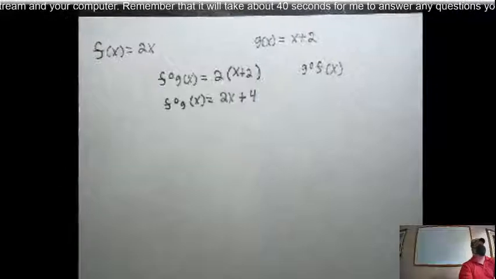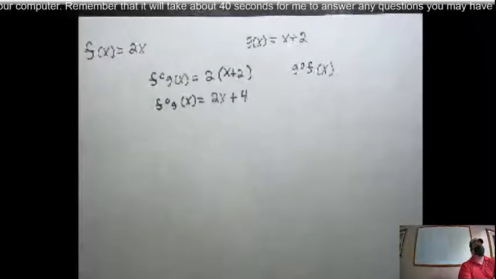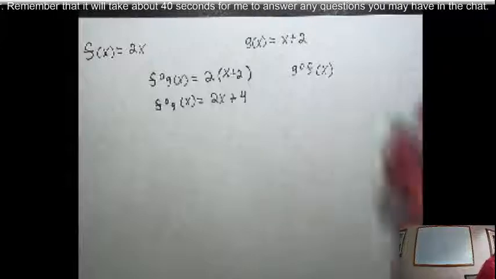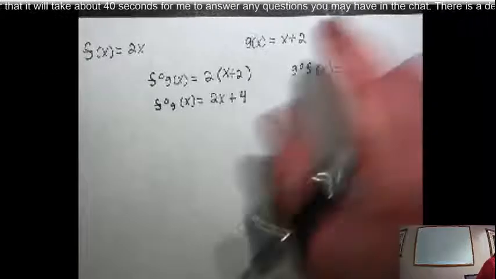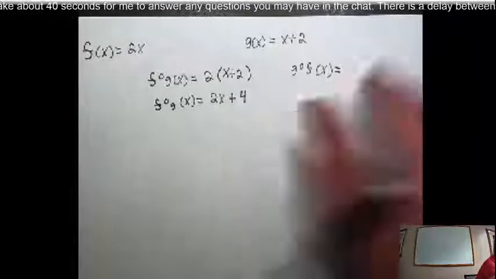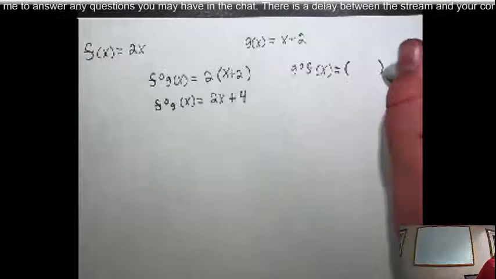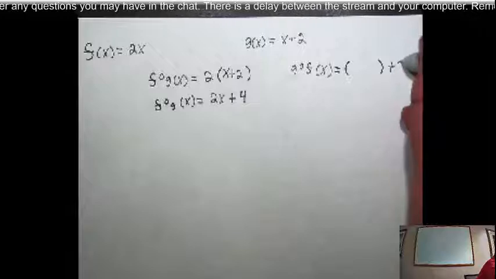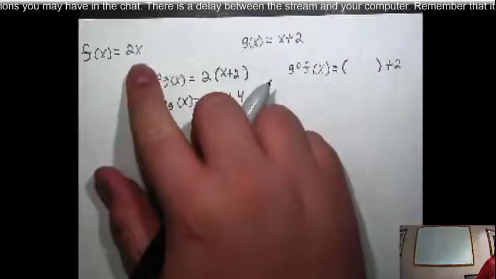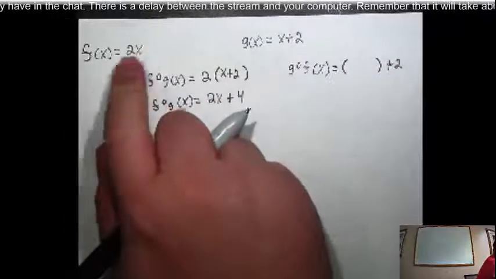Like I said, we can go the other way around as well. We can do g composed of f. So same idea. We're going to take this thing, but instead of writing x, we're going to write some parentheses. And these parentheses are what we're going to plug this function into.